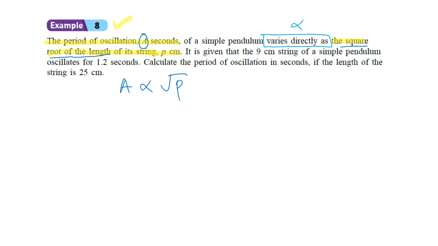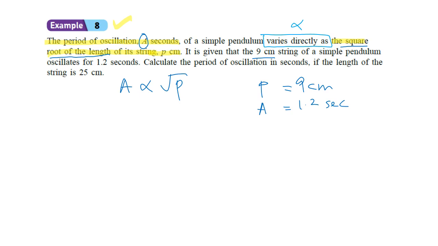Okay, we read some more for the information. It is given that a 9 cm string of a simple pendulum oscillates for 1.2 seconds. So 9 cm is your P, 1.2 is your A. How do you know that?